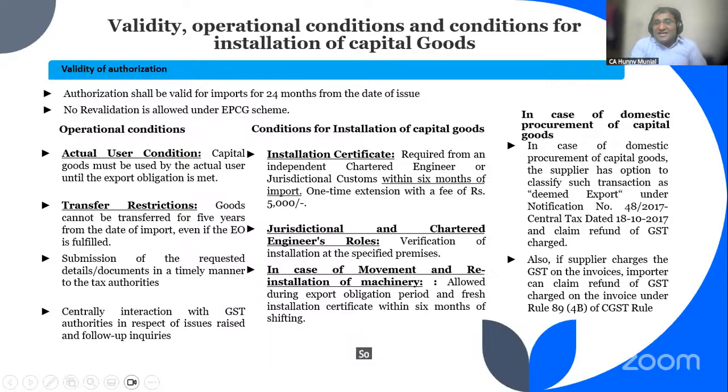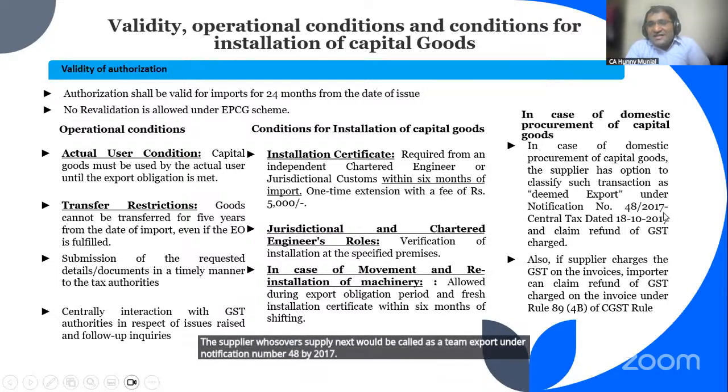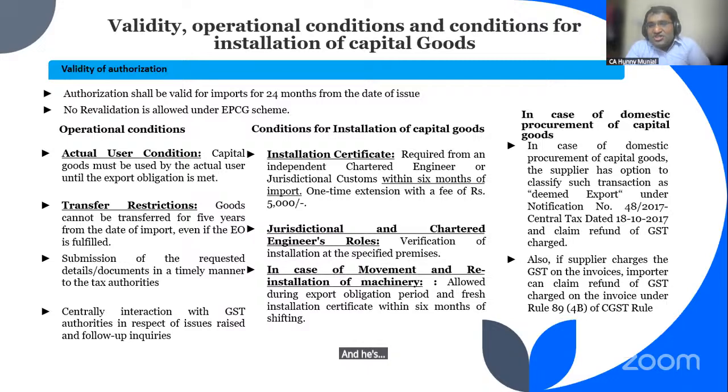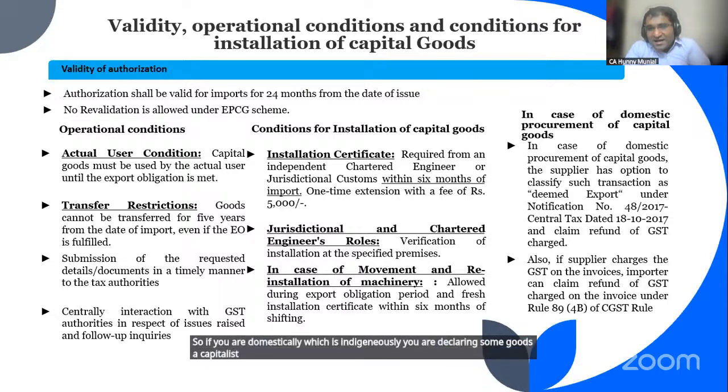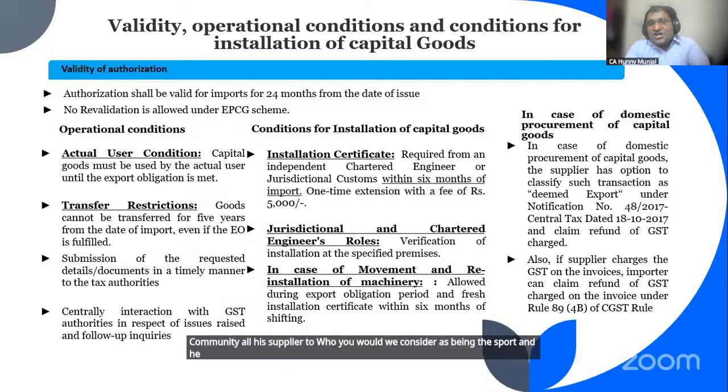As per the GST law, if a person is supplying goods to a person who is registered under advance authorization, the supply would be called a deemed export under Notification number 48 of 2017, and the supplier can get the refund of the GST charged on them. So if you are procuring capital goods indigenously, then under Notification 48 of 2017, all his supplies to you would be considered deemed exports, and he can get the refund of the GST charged on them.